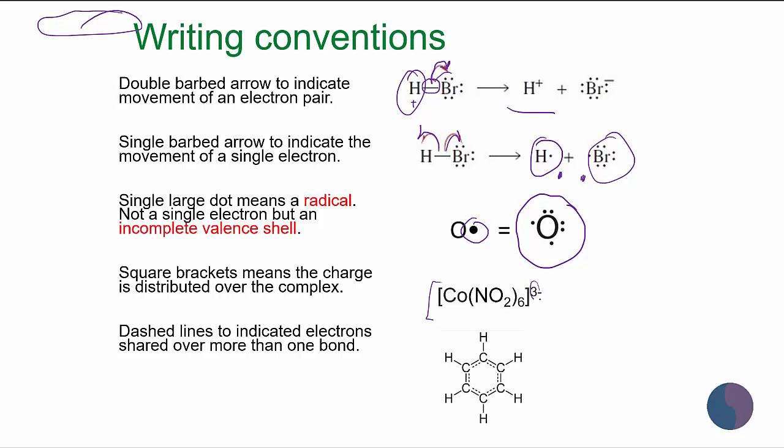So that charge represents the charge overall for what's inside. And we've done dashed lines with resonance or hybridization, at least for the high levels. That's just electrons spread over several bonds, definitely for graphite, that we've talked about, and for benzene. We've talked about it for standard levels as well, but a lot more detail for high levels.